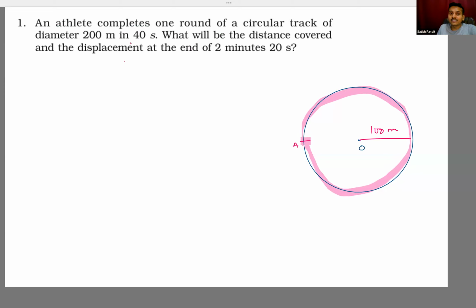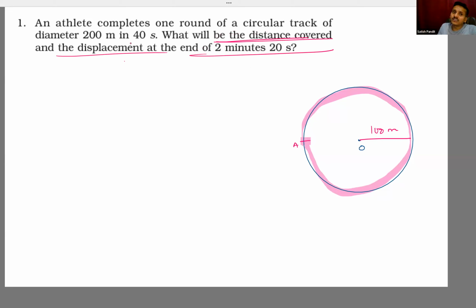In 40 seconds, what will be the distance covered and the displacement at the end of 2 minutes and 20 seconds? See, if you want to find the displacement, you need the final point. So you should know after 2 minutes where the athlete will be. Distance also we will calculate, but to find the displacement, we should know the final point for sure. So how to find the final point?